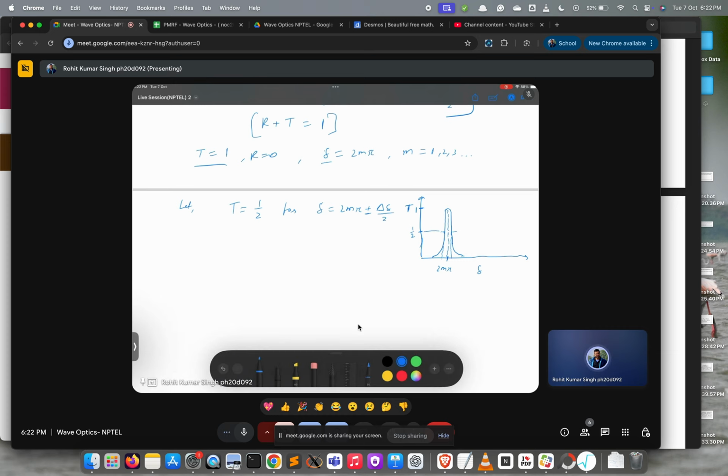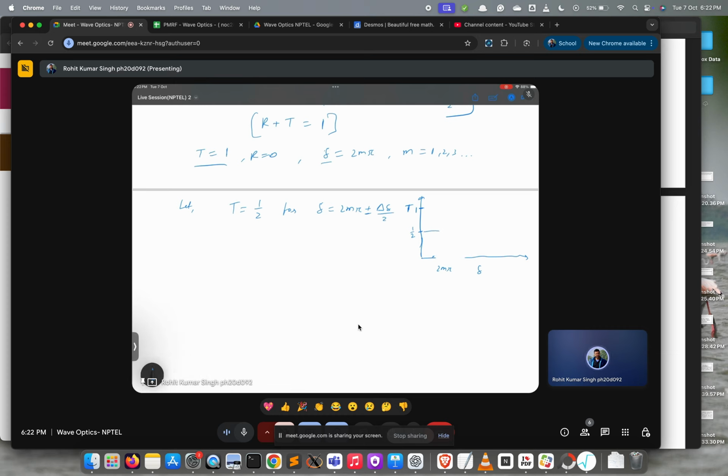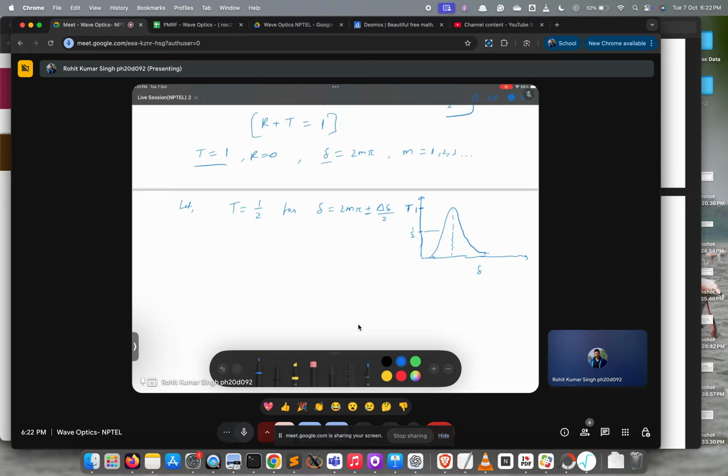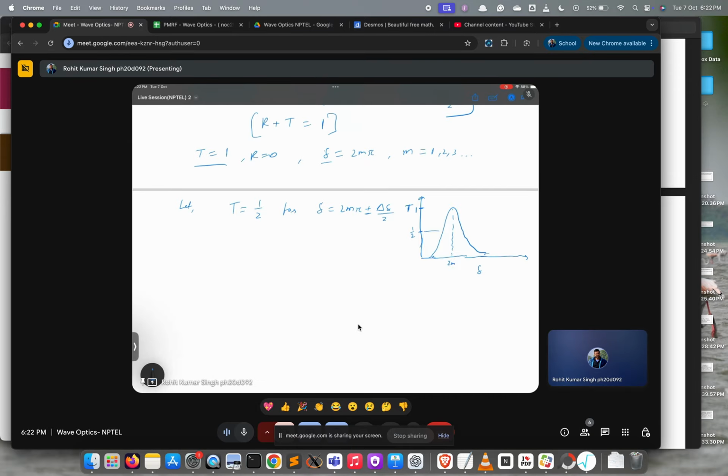So let me make it a little broader to be visible. And this is the 2m pi where we have transmittivity equal to 1.